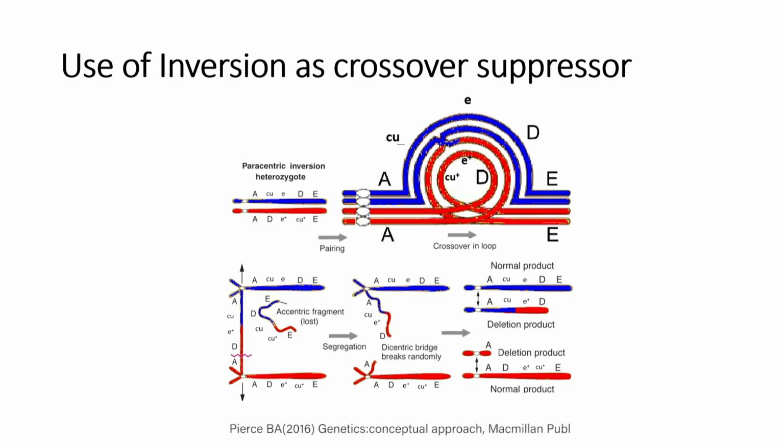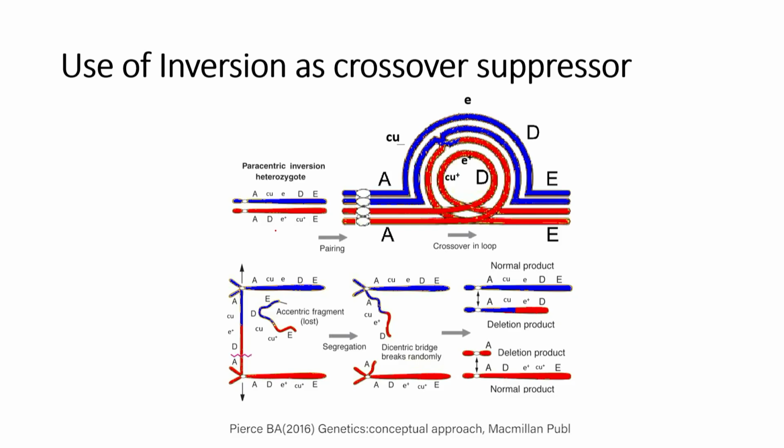Here I am showing you exactly in Drosophila a gene called Cu. This codes for curled wing. There is a gene called E. This is ebony body color, that is black body color. These two genes are on the chromosome.